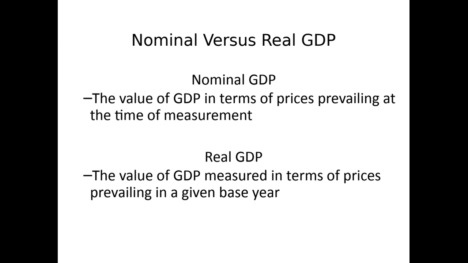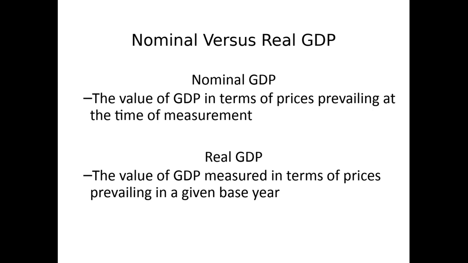So suppose the Canadian economy is producing the same goods and services that were produced last year, but because of the high inflation rate, you multiply those goods and services with the current prices that are higher, you always have a higher number. So your GDP has gone up from the previous year, but in real terms, you are still producing the same goods and services.